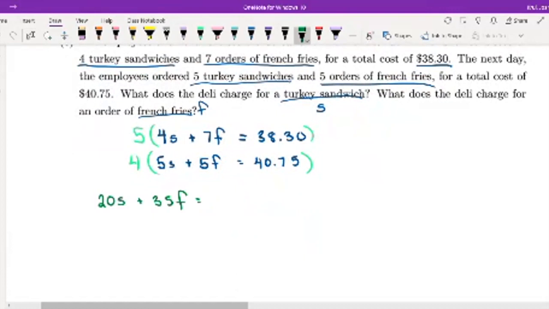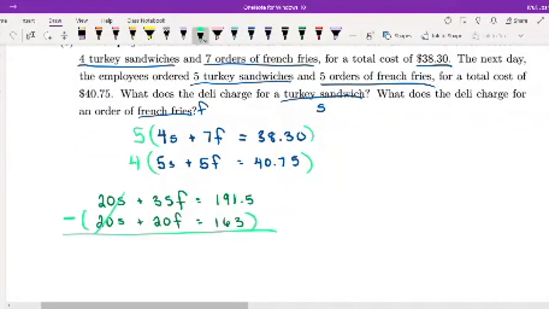So we have 38.30 times 5 and 20S plus 20 fries is 163. So now it's very clear that the 20s will cancel if we subtract everything.